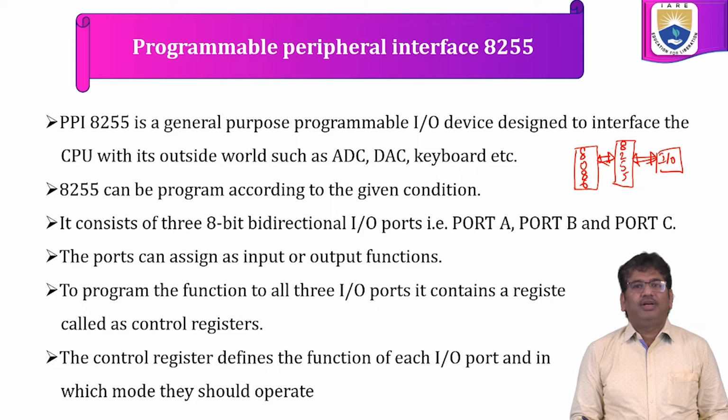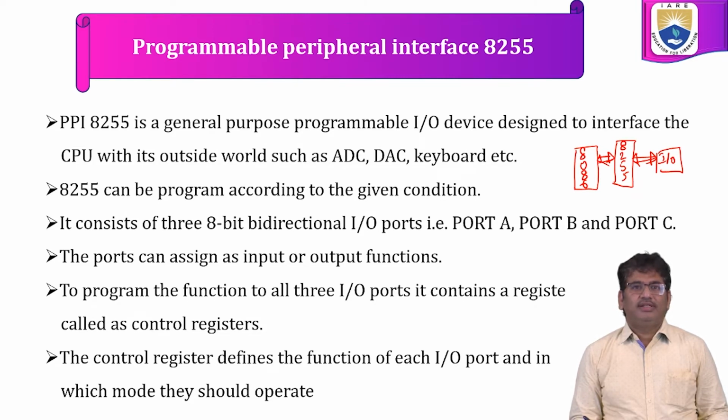To program the function of all three I/O ports, it contains a register to be programmed called the control register. This control register we can configure in two modes. One is bit set or reset mode, that we call BSR mode.